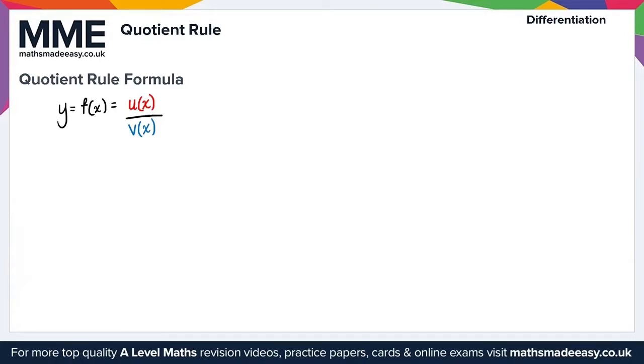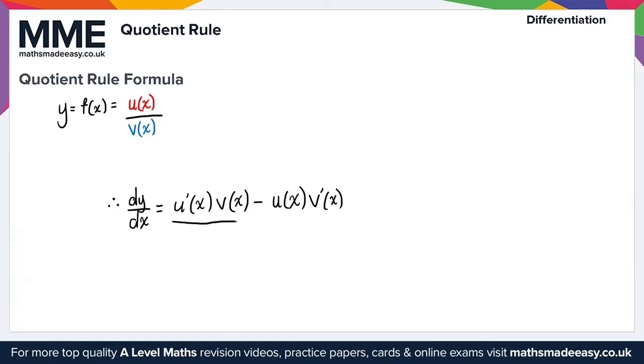So if we want to find dy by dx, this is simply as follows. It's u prime of x, the derivative of our numerator, times v of x, minus u of x times v prime of x, the derivative of our denominator.